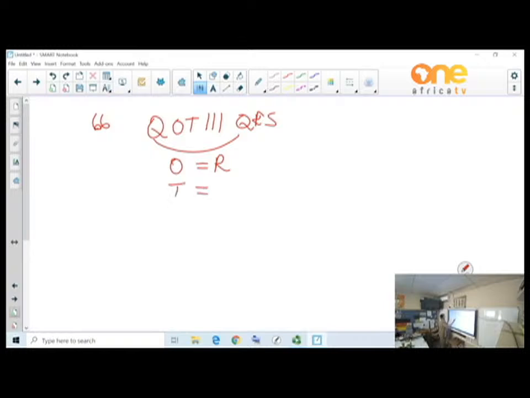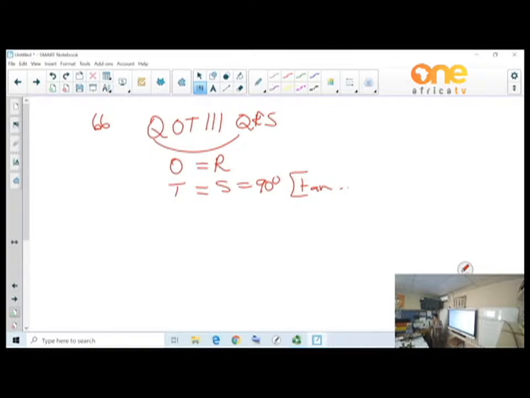This is corresponding, and T is equal to S is equal to 90 degrees. Q is a common angle, and this too is 90 degrees because it's the tangent there. Obviously, then your third angle will be equal.